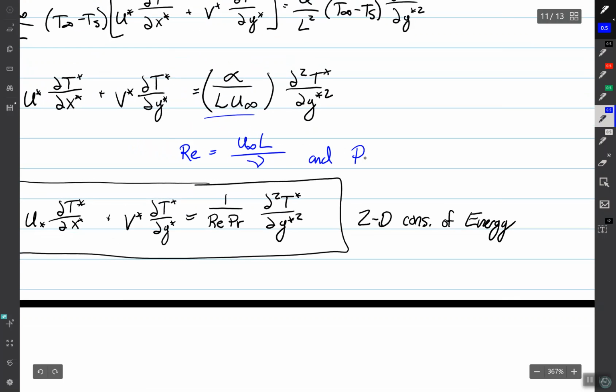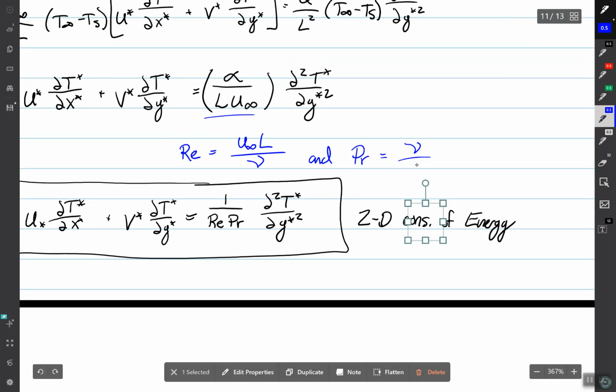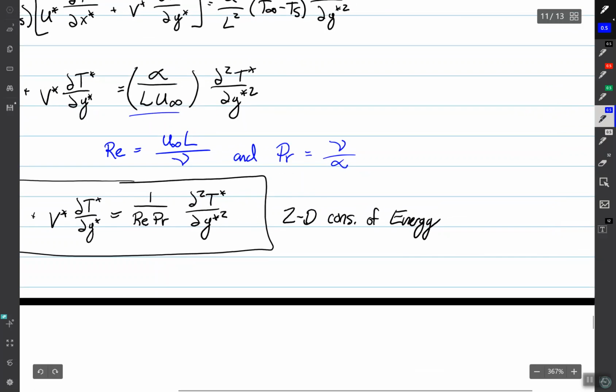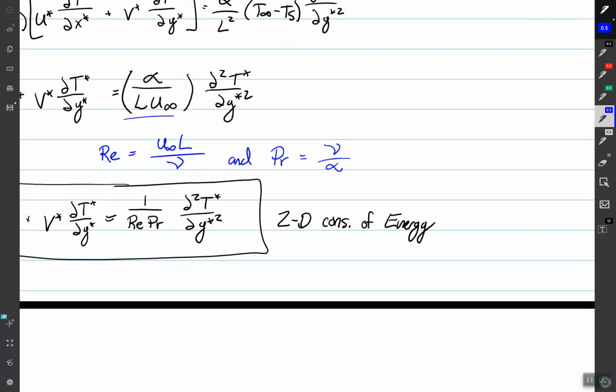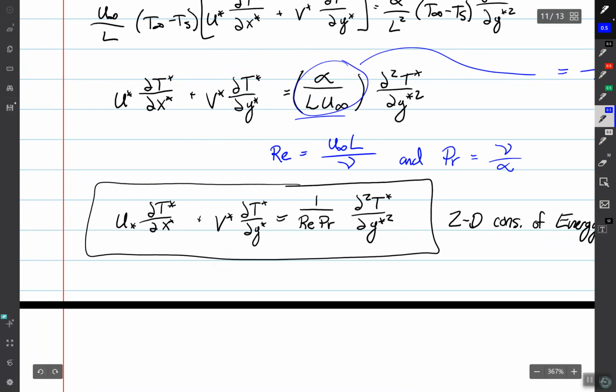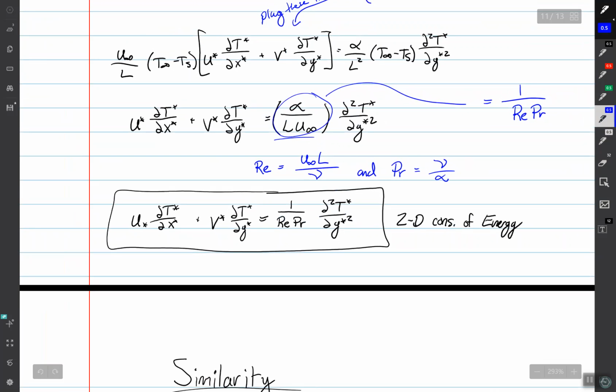And the Prandtl number, which we just talked about last time, is the kinematic viscosity over alpha, the thermal diffusivity. So really, this grouping of variables equals 1 over the Reynolds number times the Prandtl number. And that's what we have written here in this equation at the bottom.